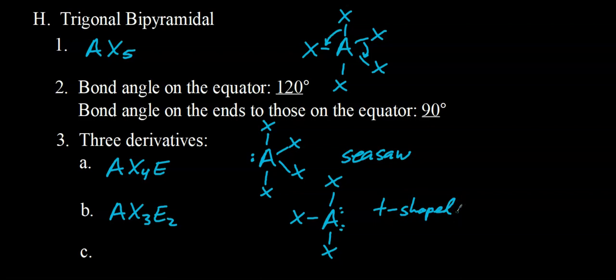And then we have one more, AX2E3. This time all three lone pairs of electrons on the central atom will occupy the equatorial positions. And so we get something like that. The molecular geometry is called linear.